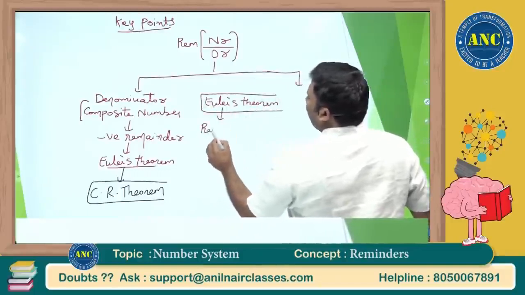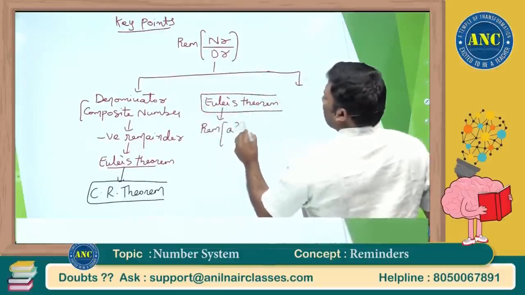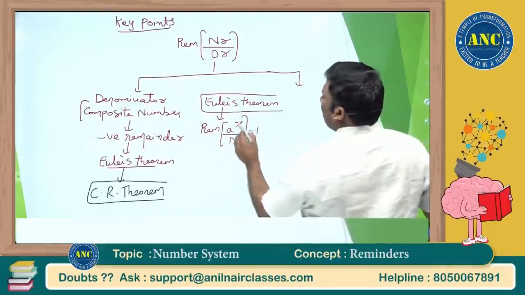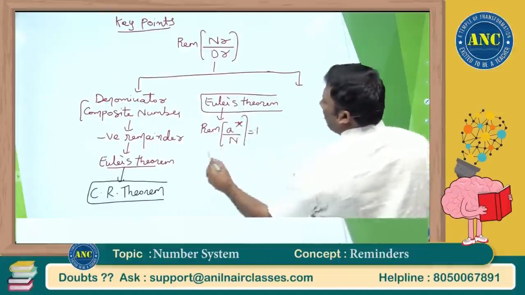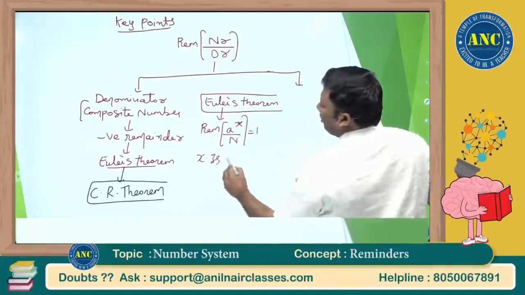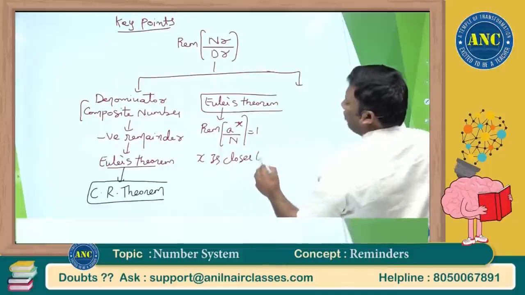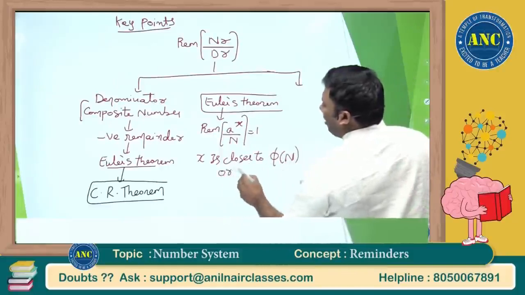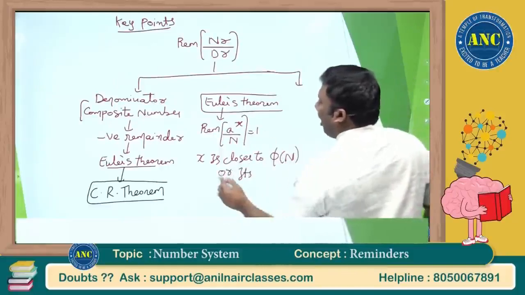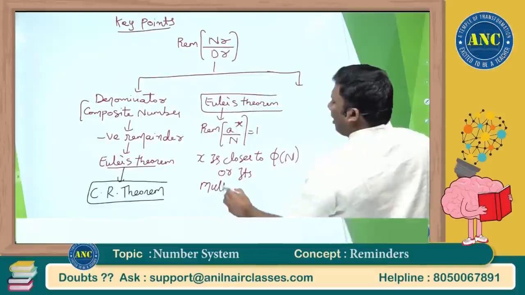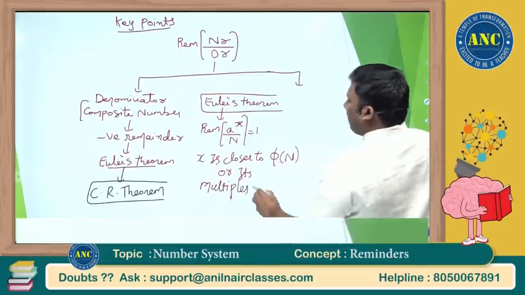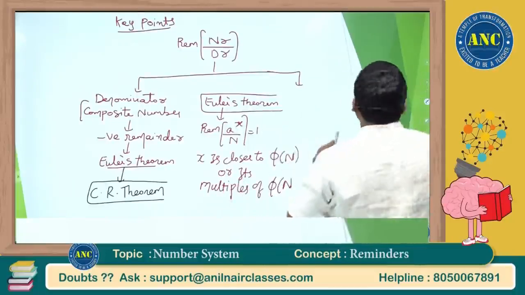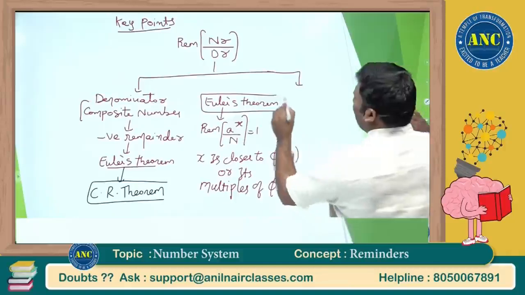If the question is of the form a power x divided by n, with remainder 1, and x is closer to the totient function of n or its multiples, then Euler's theorem is used effectively.